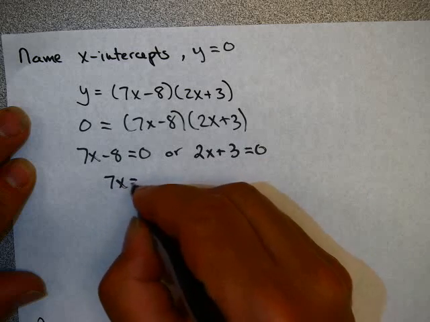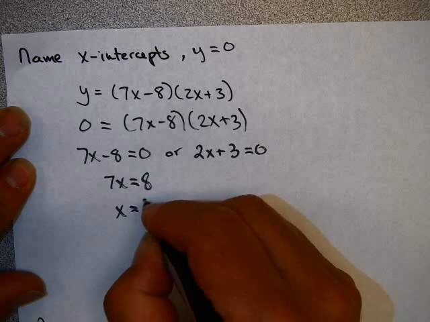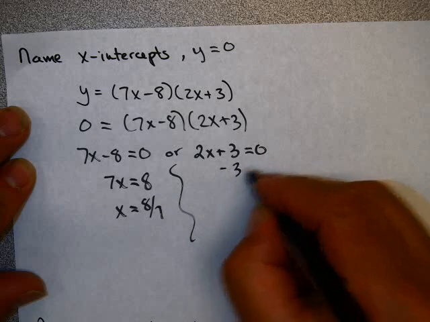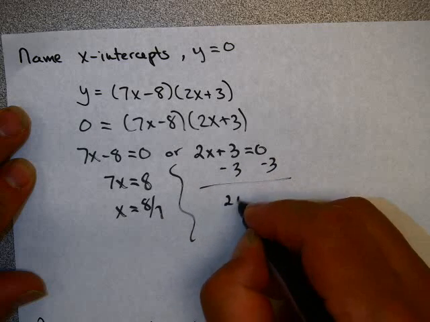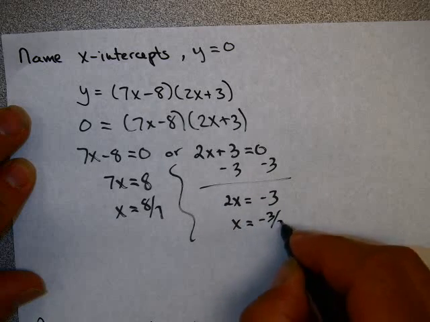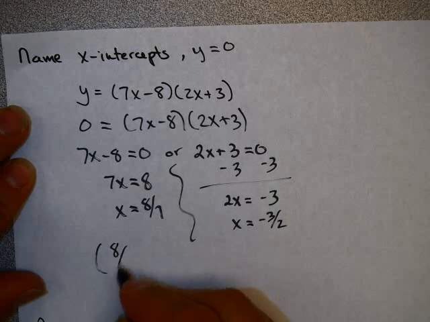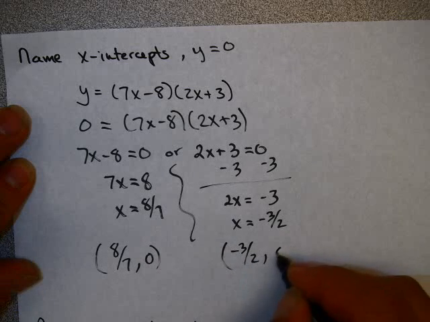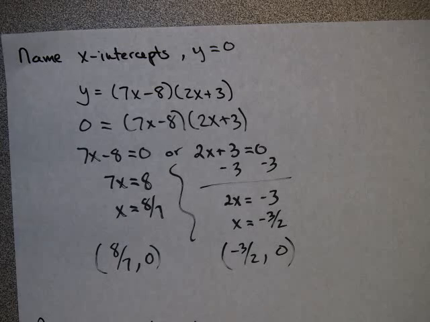So 7x equals 8, x equals 8/7. Or, in this case, I'll subtract 3. 2x equals minus 3, and x equals minus 3/2. So my ordered pairs are 8/7, 0 and minus 3/2, 0. Okay, very easy to do.